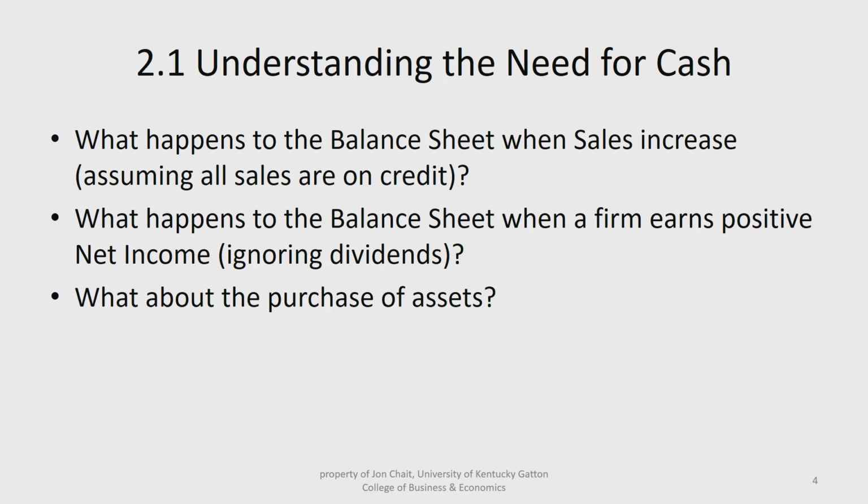But basically, because all sales are on credit, and by the way, that's a fundamental, simplifying assumption that we make in this class, so we avoid some complexity of dividing sales between cash and credit, when sales increase, accounts receivable are added to the balance sheet. Maybe precisely we could say accounts receivable minus accounts payable, but there is always a gap between the two. So total assets increase as sales increase.